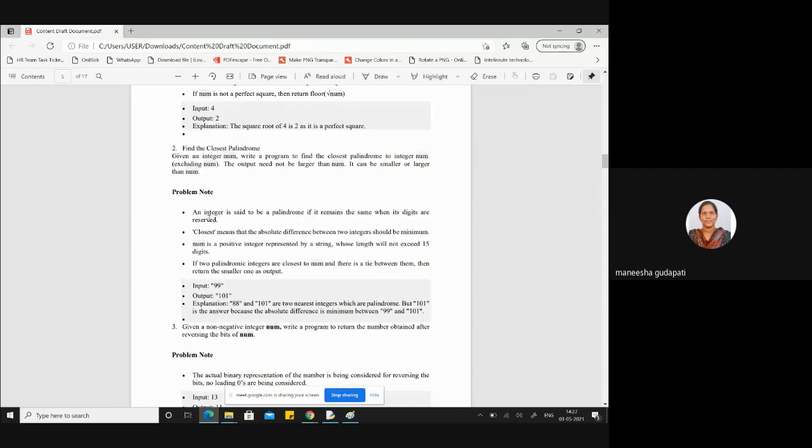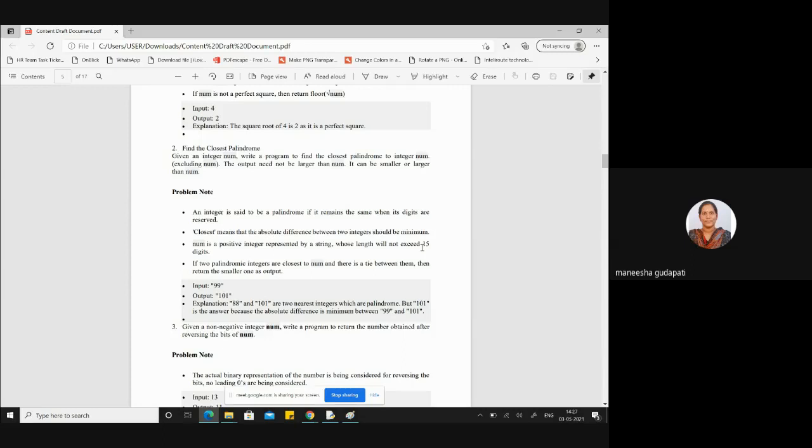An integer is said to be a palindrome if it remains the same when its digits are reversed. The closest means the absolute difference between the integers should be minimum. And they have given you some constraints, like the number should be a positive integer represented by a string whose length will not exceed 15 digits.